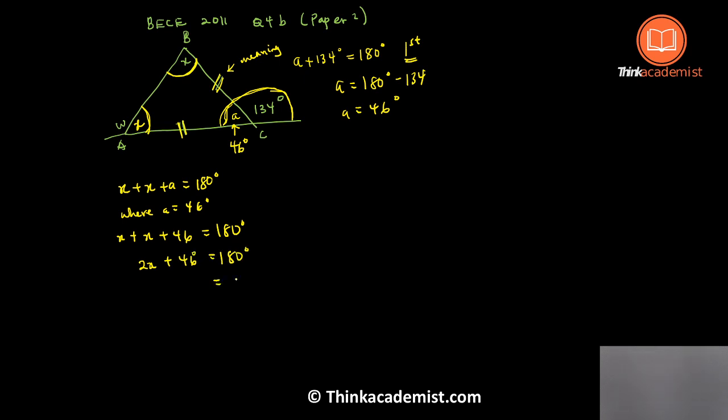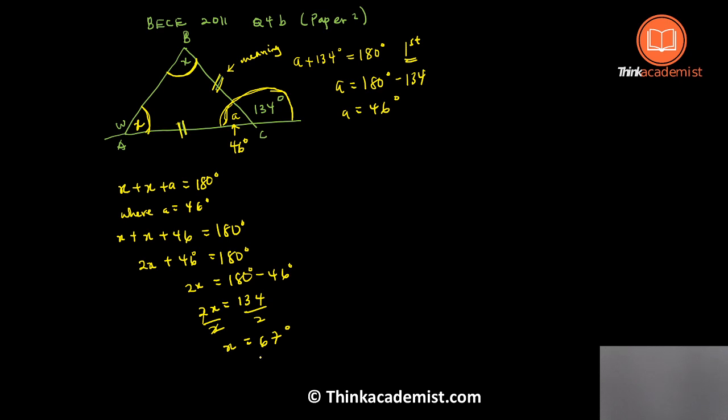The 46 will go there and subtract, and we'll have 134. And 134 we have to divide by 2. So x will be equal to 67. Awesome, then we have the value of x.